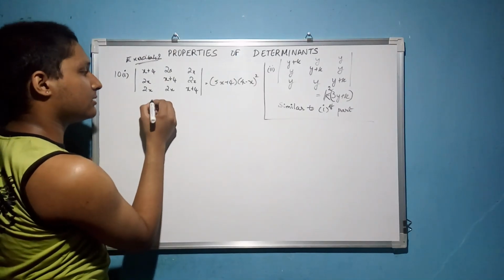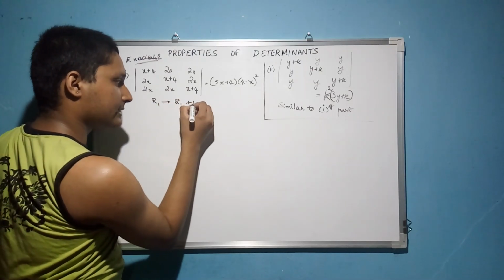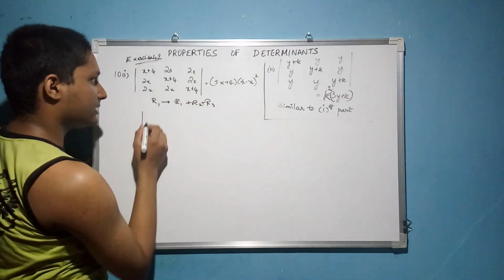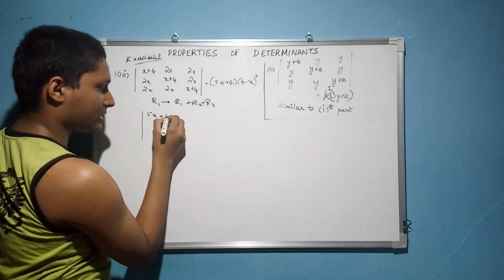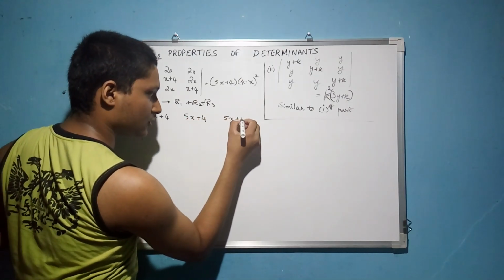So for that, the easiest way I know is that in R1 I'll add up all the rows. For that it becomes 5x plus 4 everywhere in the first row. 5x plus 4, 5x plus 4.